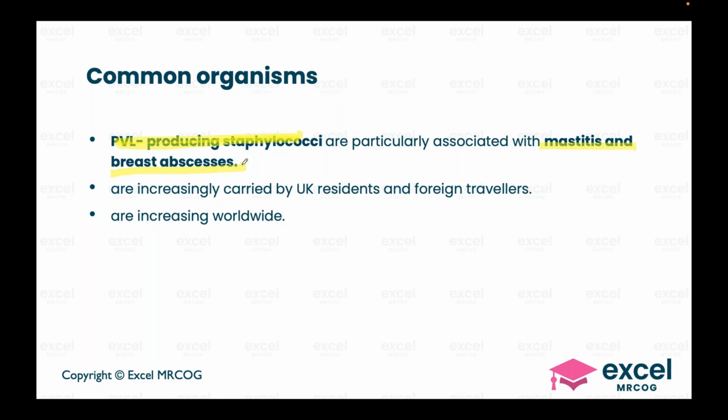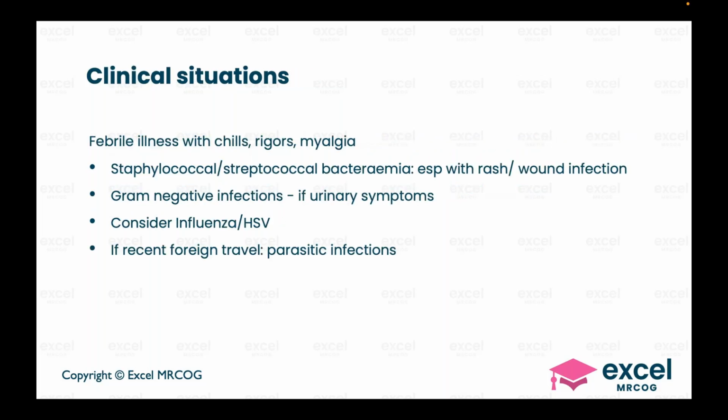Right. So we can have situations provided to you where the patient is having chills, rigors, myalgia, febrile illness, fever, and has rash or wound infection. When there is rash or wound infection, remember it is one of the cocci, staphylococci or streptococci.